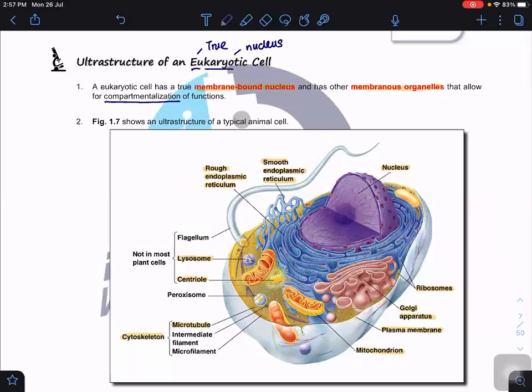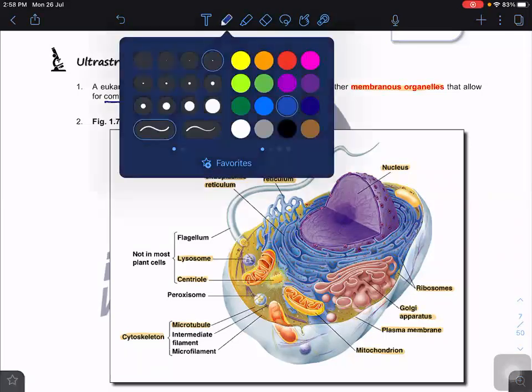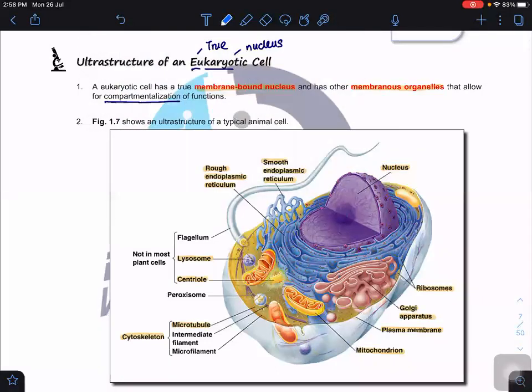You want to label here, yes, okay, sorry. So this one you want to label is known as nucleolus. The membrane here is called nuclear envelope.